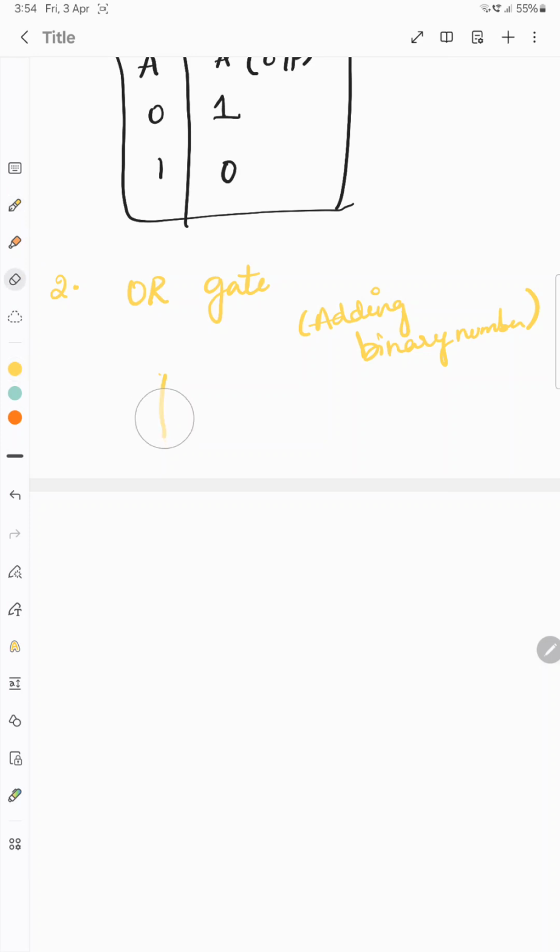Here we have 2 inputs and 1 output. Output is Y, and Y is nothing but A plus B. A is one input and B is another input. So the OR gate will do ORing, with combinations of 2 binary numbers.